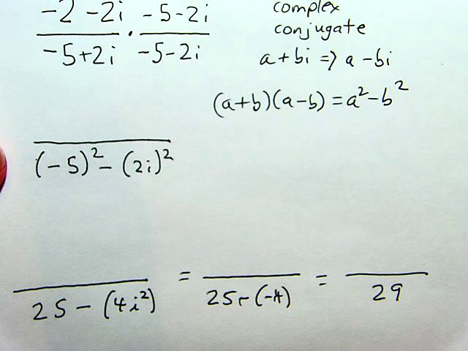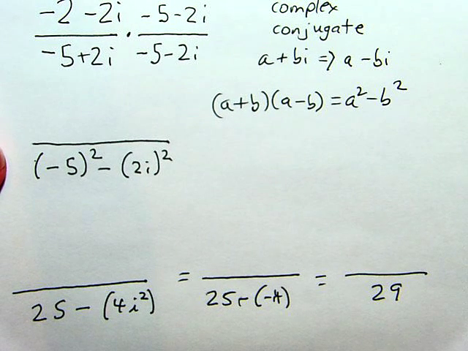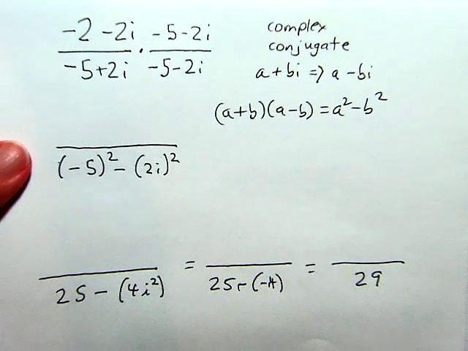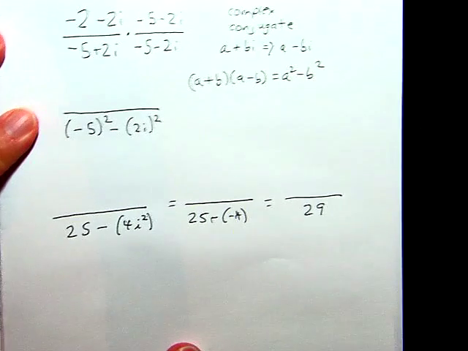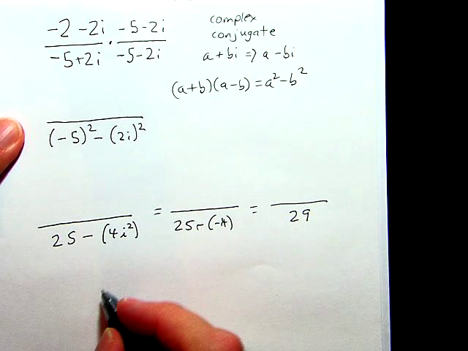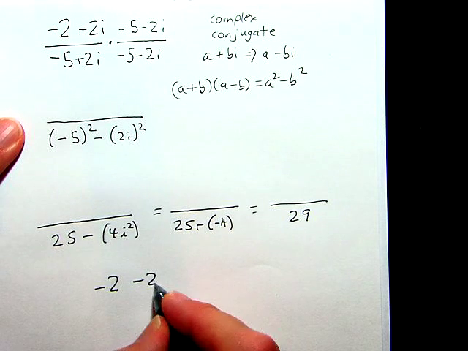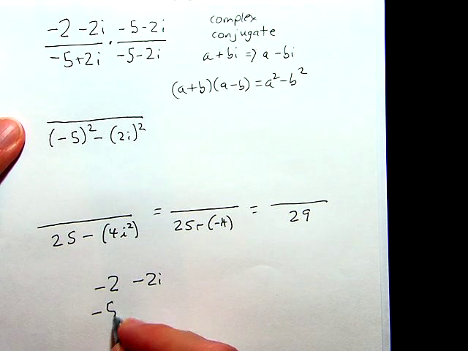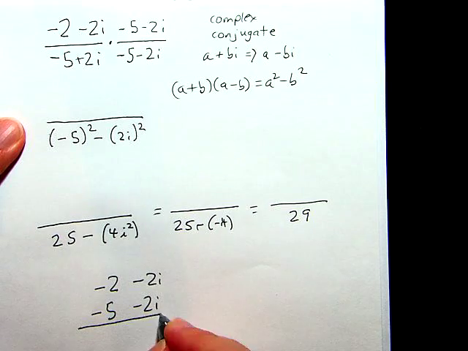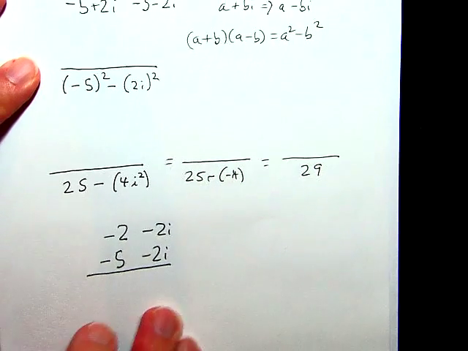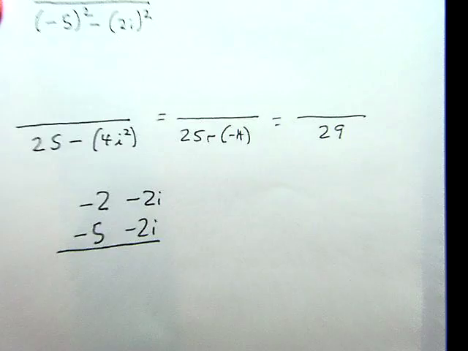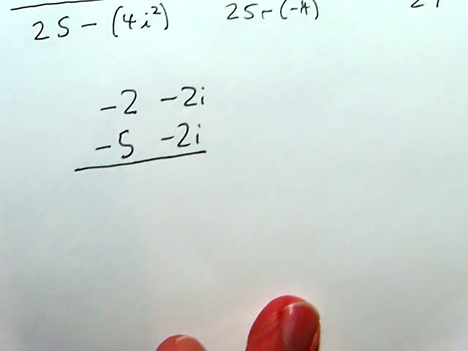Now we've got to do some tedious multiplication to get our numerator. So our numerator is negative 2 minus 2i times negative 5 minus 2i. You notice I'm going to multiply this longhand. I could do it using FOIL, but I'd like to review longhand multiplication with you as well.